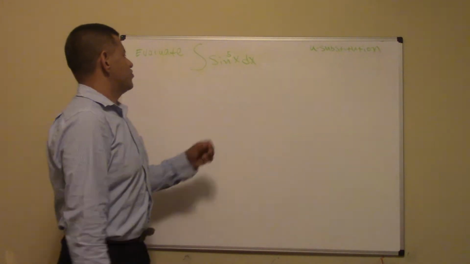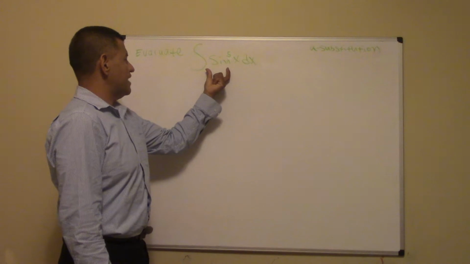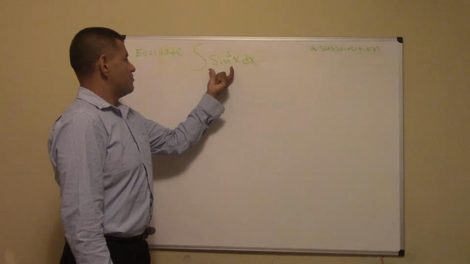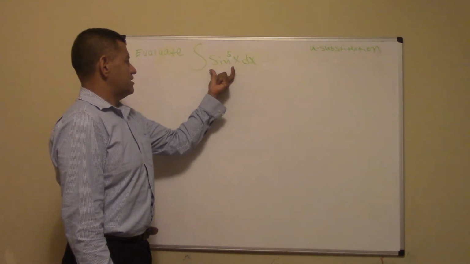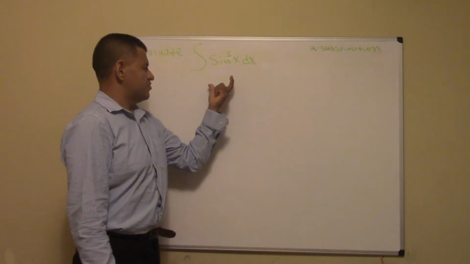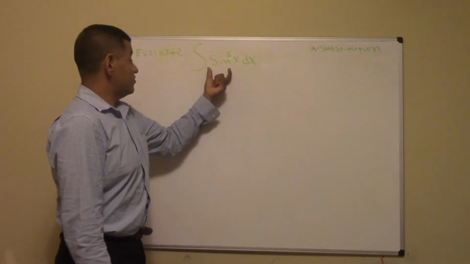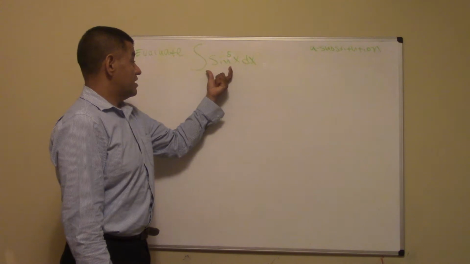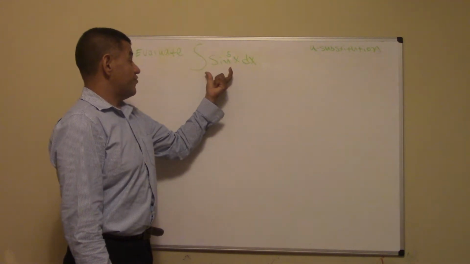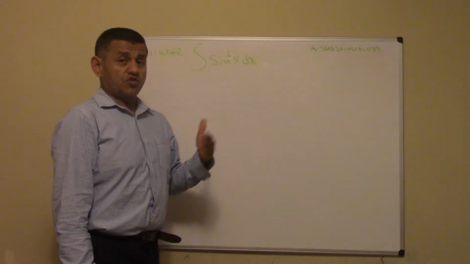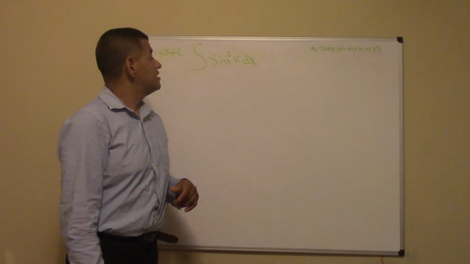Okay. So first of all, before we use the u-substitution, we have to work this out to make it easier for us to use some trigonometric identities, right?